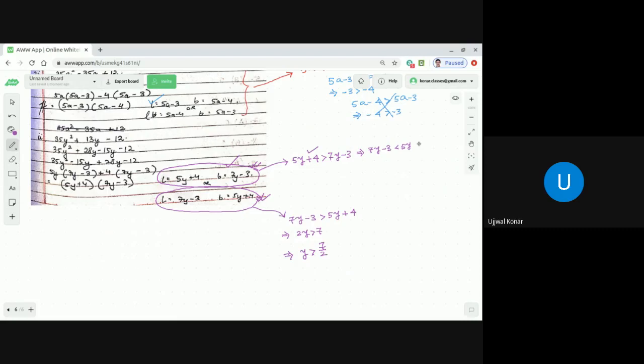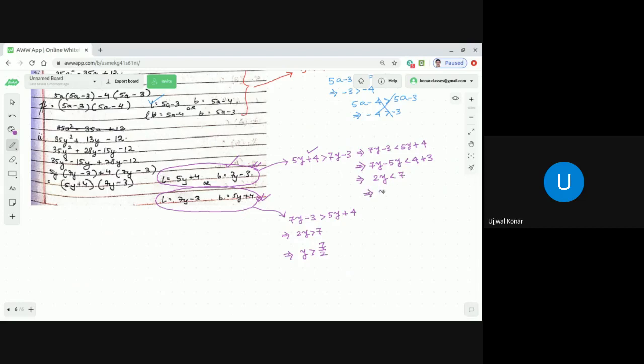So 5y plus 4, correct or not? This implies that 5y I can bring to the left hand side. So 7y minus 5y should be less than 4 plus 3. Is it clear? So 7y minus 5y is 2y. 2y is less than 7.